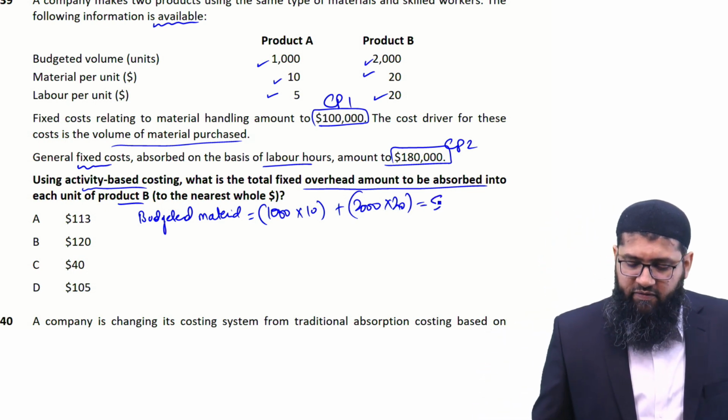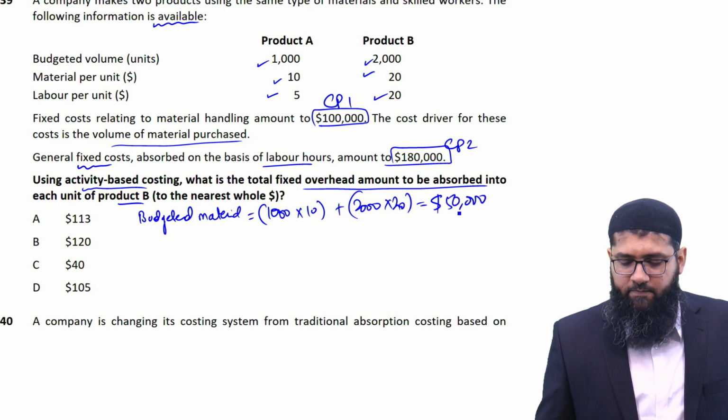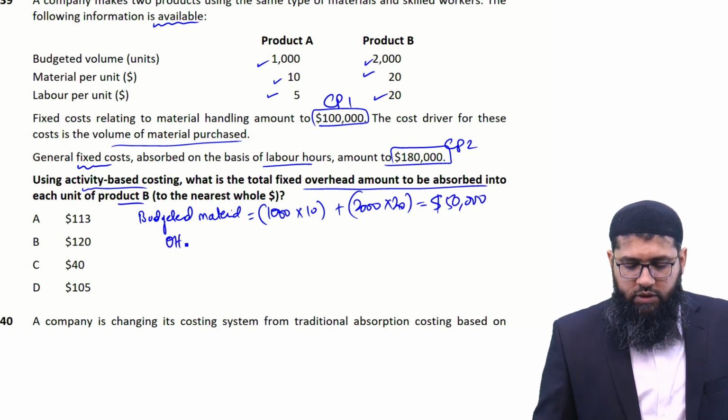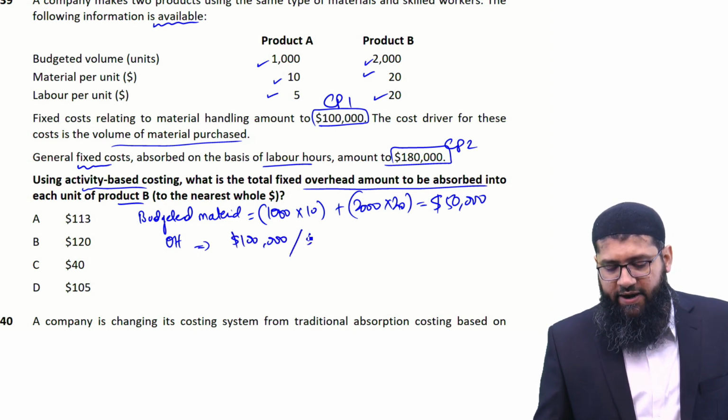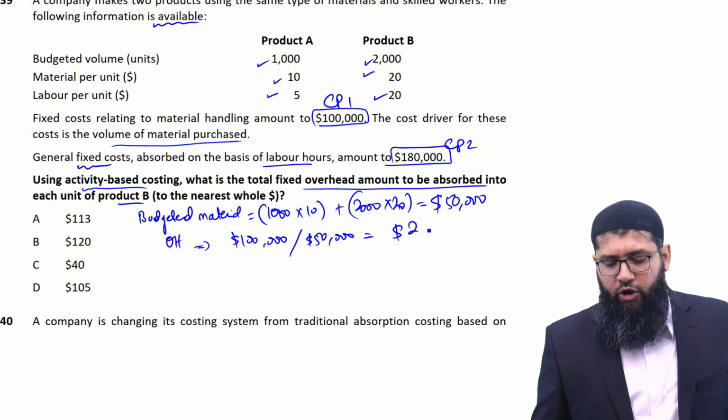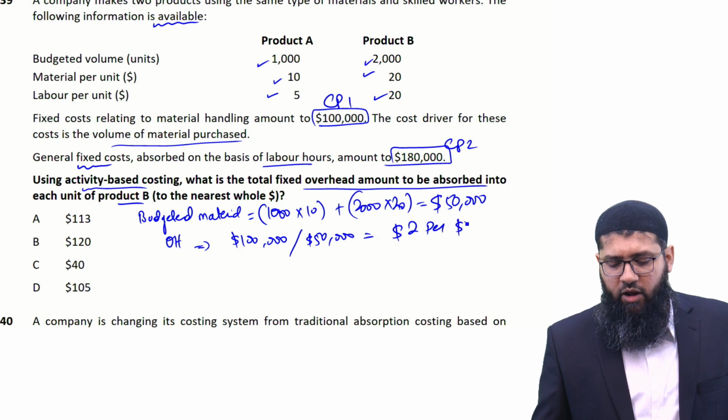So this means this is $50,000. Now, the overhead for material related is gonna be 100,000 divided by 50,000, which would mean that you would absorb $2 per $1 of material.